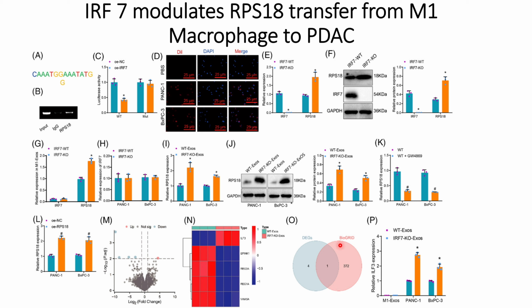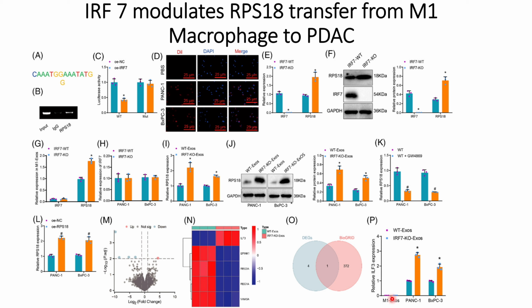So they checked ILF3 expression in experiments with exosomes released by normal or wild type macrophages and by IRF7 knockout macrophages. And they can see that ILF3 expression is upregulated whenever IRF7 knockout exosomes are used, both in the case of pancreatic cancer cells and the BXPC3 cells.